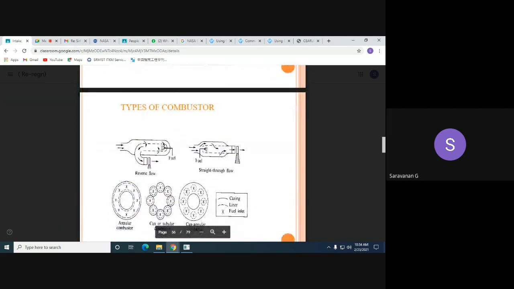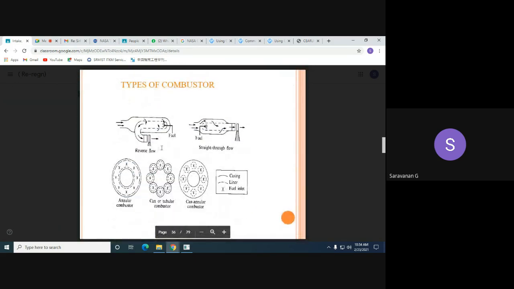First, you can see the diagram, from which you can understand what is meant by reverse flow and what is meant by direct flow. In the straight or direct flow, both the fuel supply stream and the air gas flow stream are in the same direction.